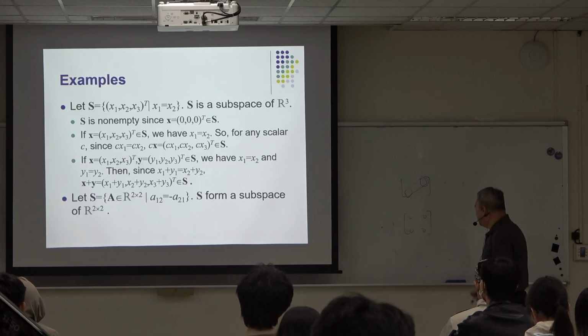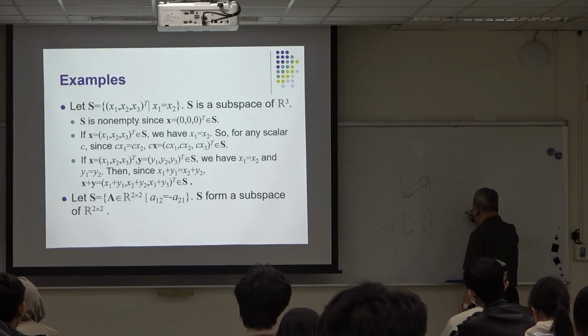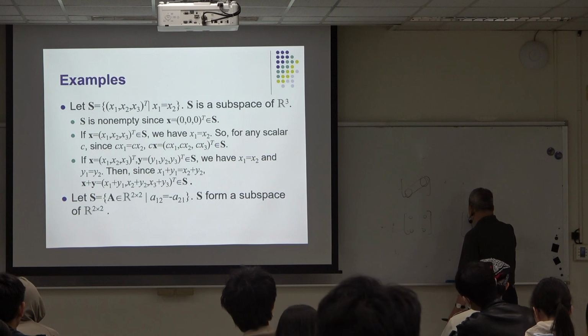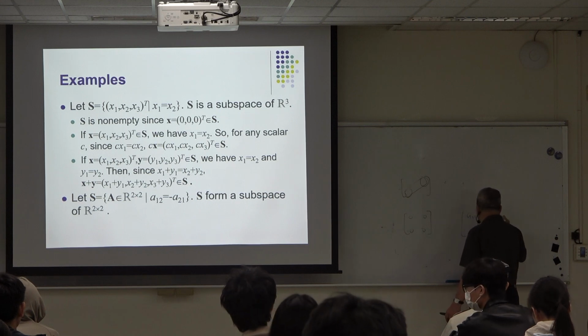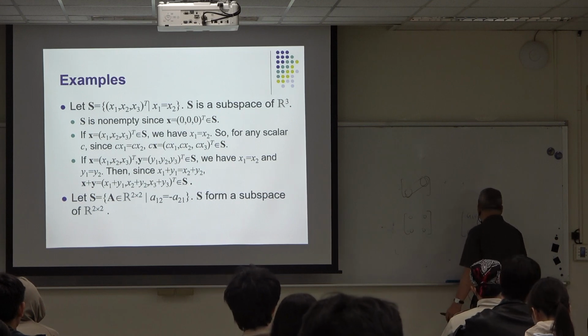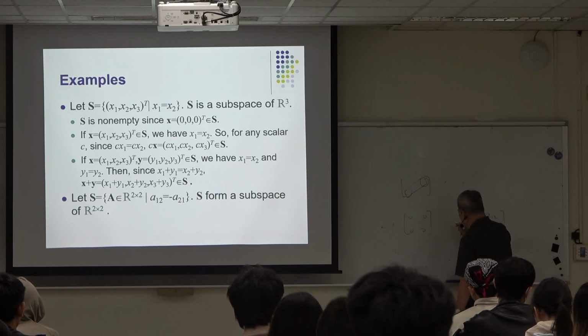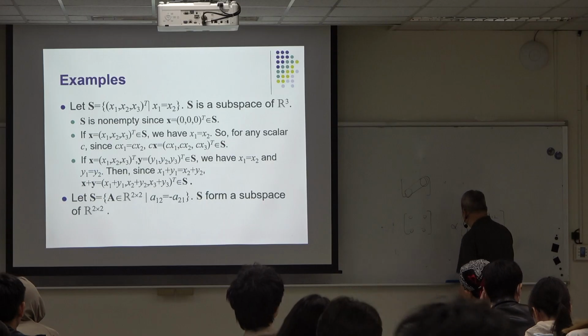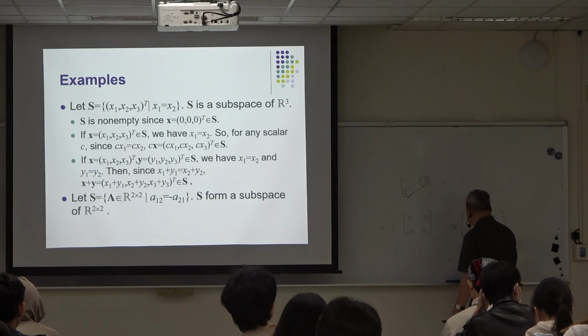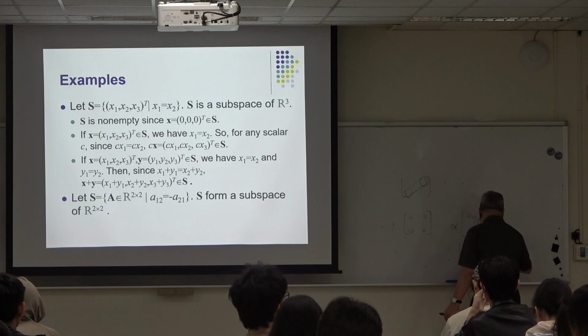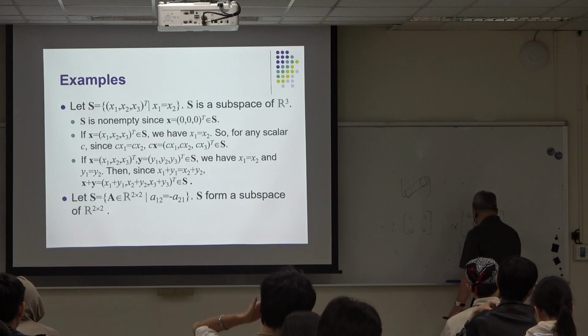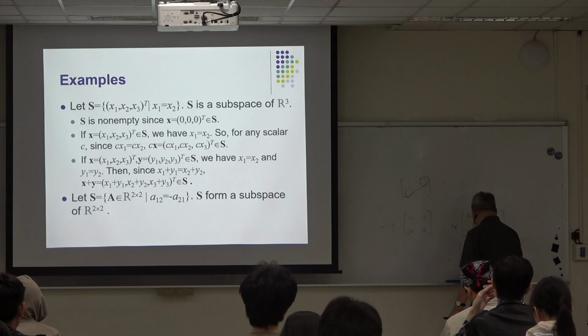Then for scalar multiplication, take A with entries A11, A12, A21, A22. If you multiply by alpha, the result will be alpha A11, alpha A12, alpha A21, and alpha A22.